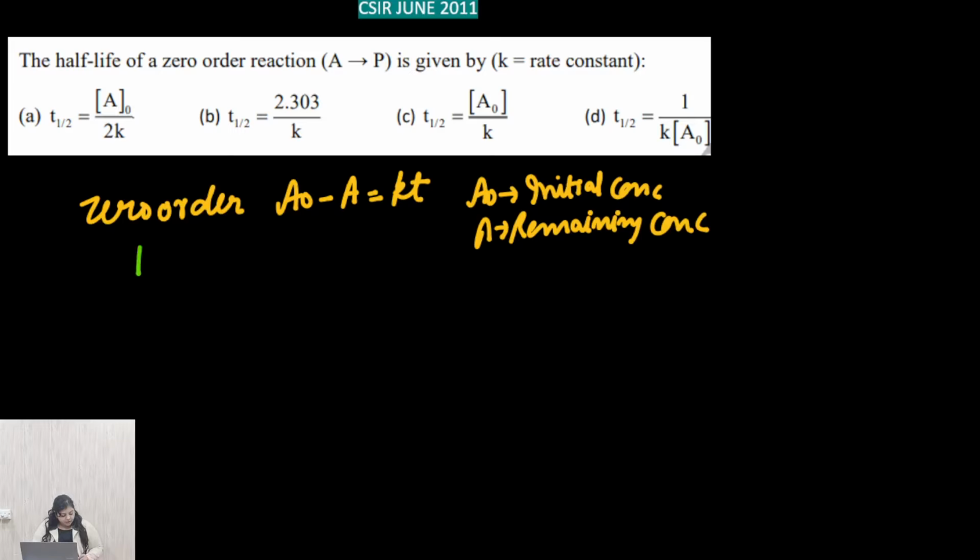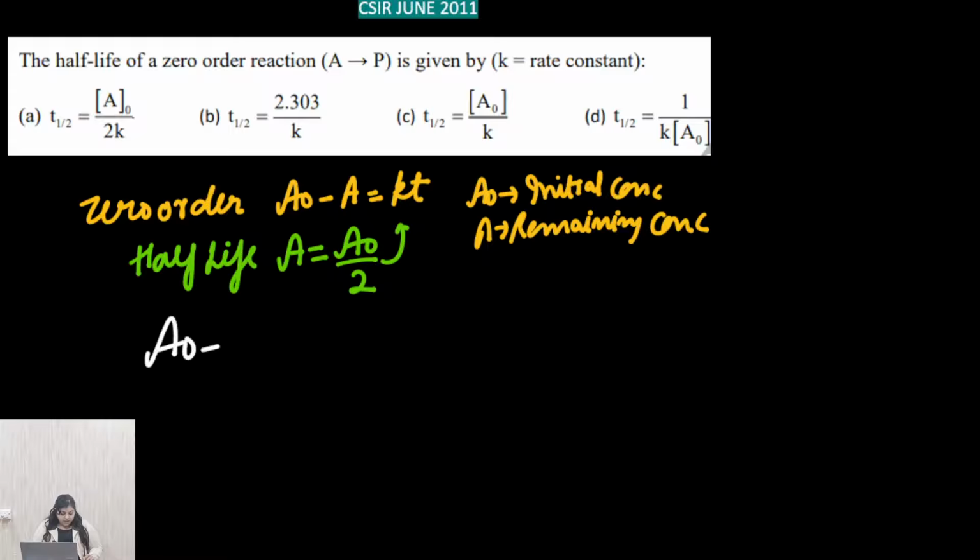At the point of half-life, 50% of the reaction has gone to completion, which means the remaining concentration will be A naught by 2. Substitute this in the integrated expression: A naught minus A naught by 2 equals K T half.